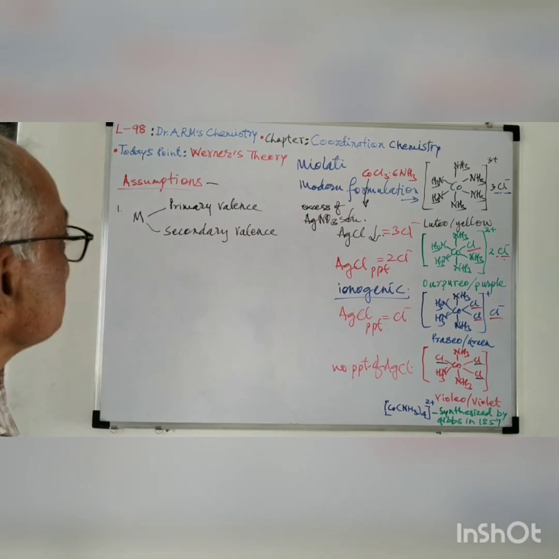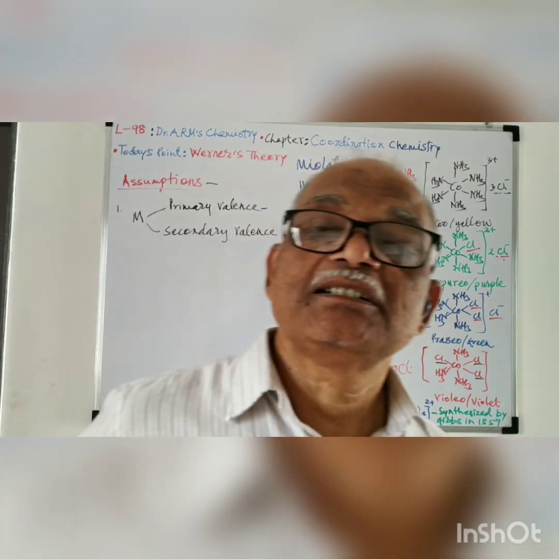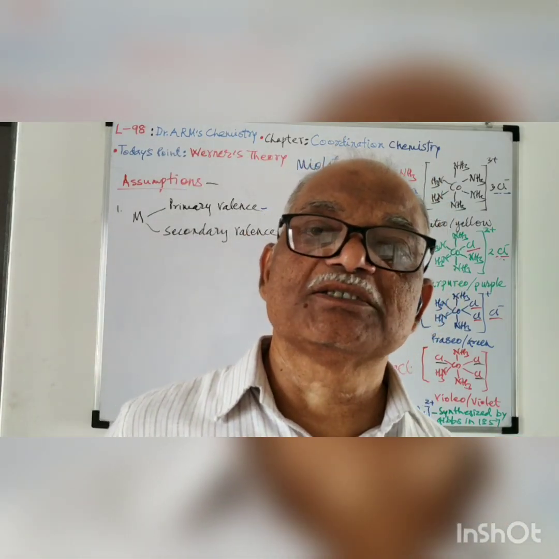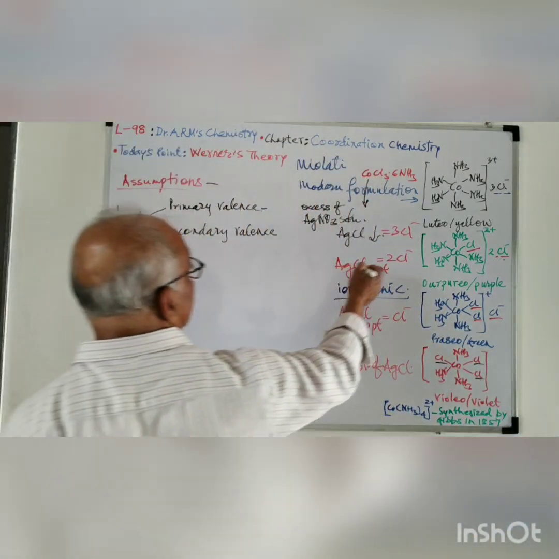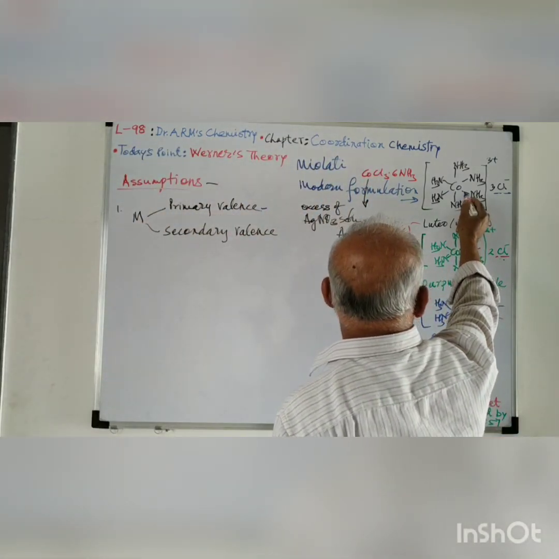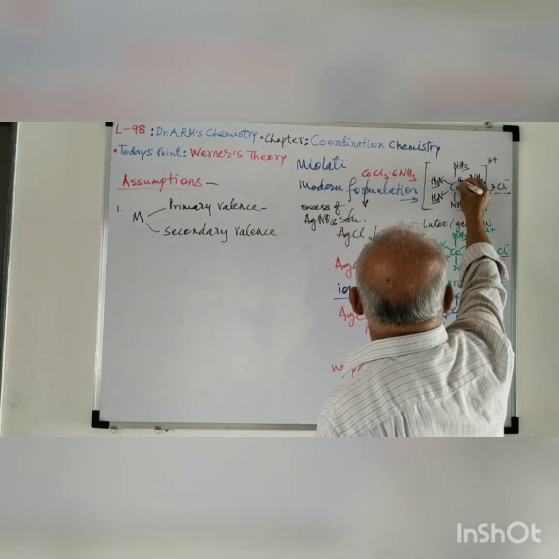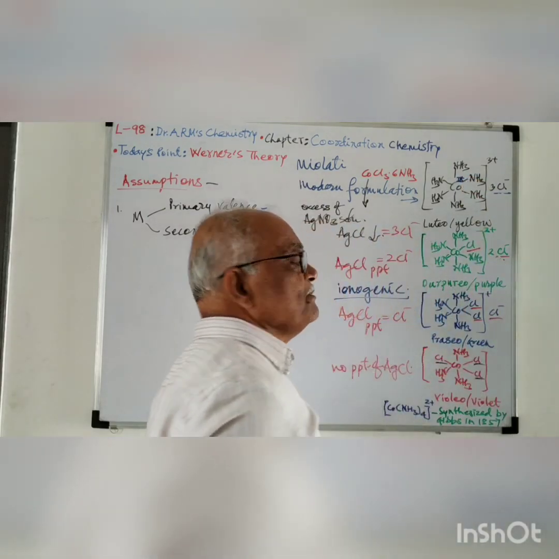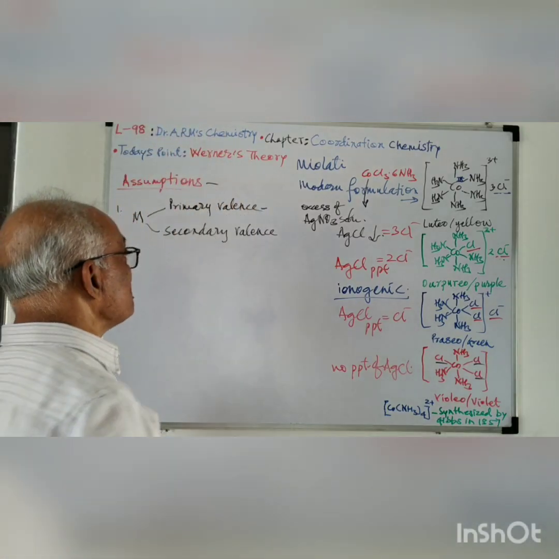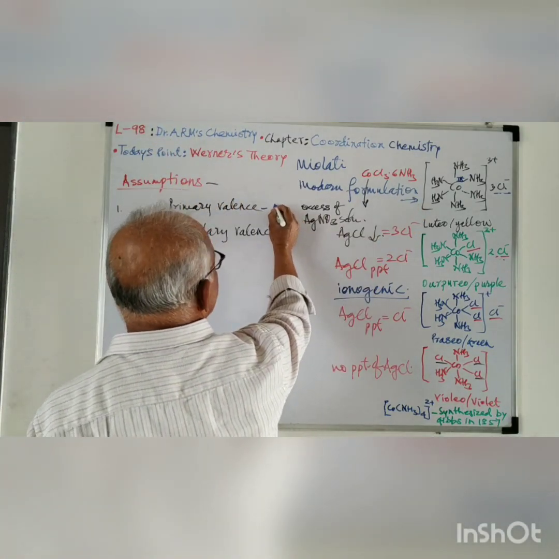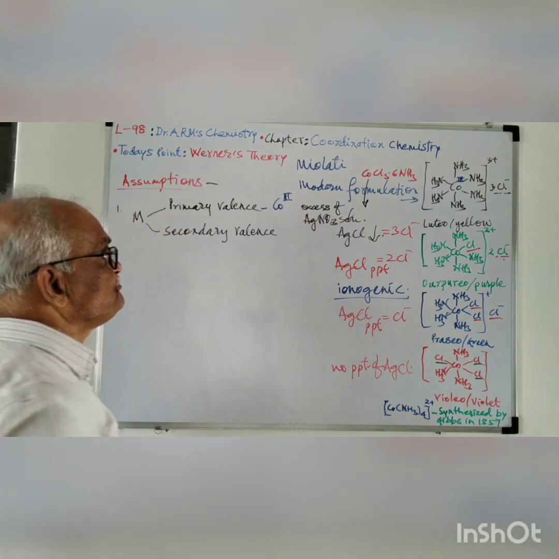The primary valence is associated with the oxidation number or oxidation state of the metal. For example, in this simple formula, cobalt has oxidation state +3. Therefore, in this example, cobalt has primary valence 3.